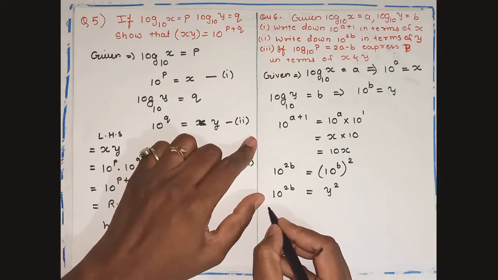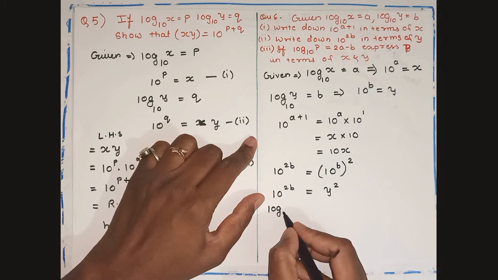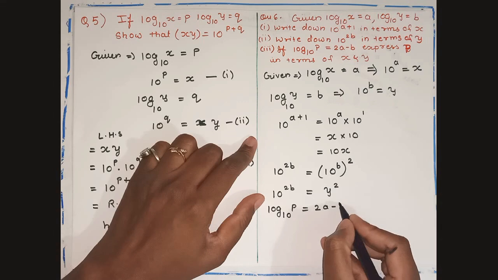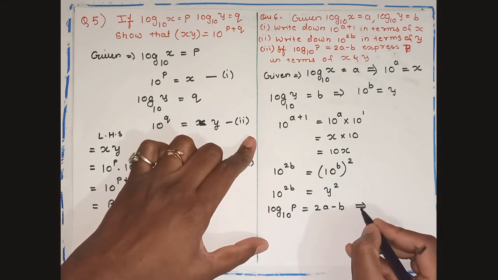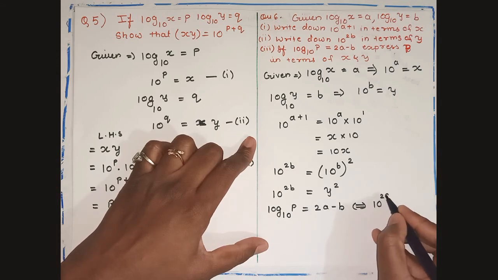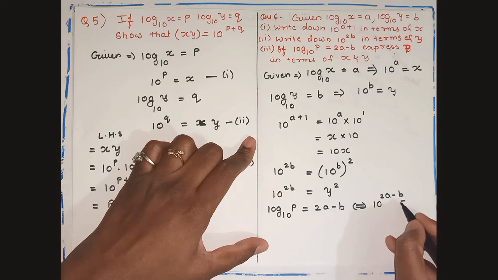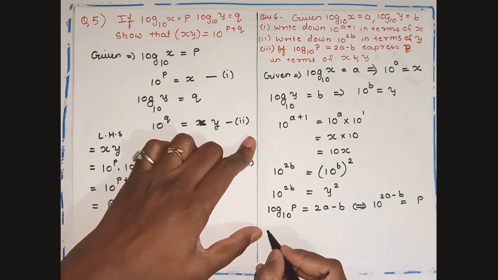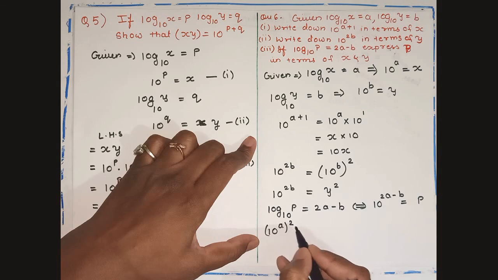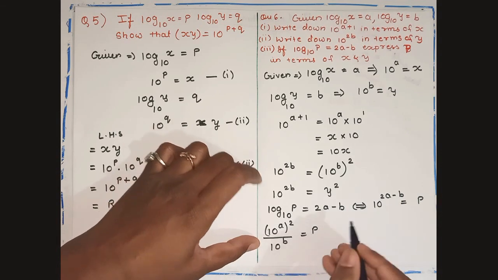Then the third one is, it is given log of p to the base 10 equals 2a minus b. If you convert it into exponential form, it will be 10 to the power 2a minus b equals p. Now this can be written as 10 to the power a, the whole squared, and minus b, since it will come in the denominator, so 10 to the power b equals p.